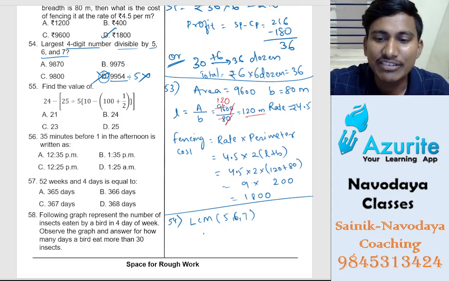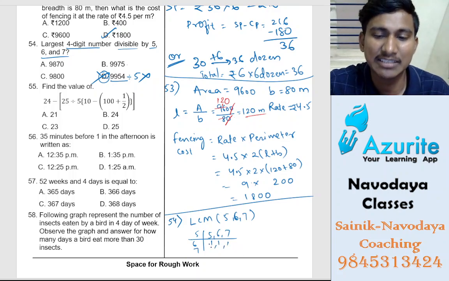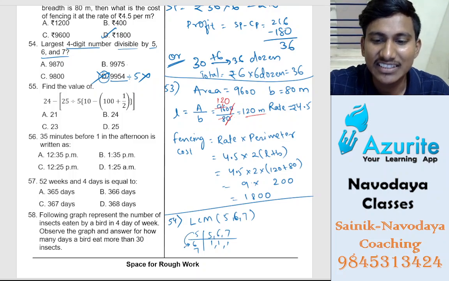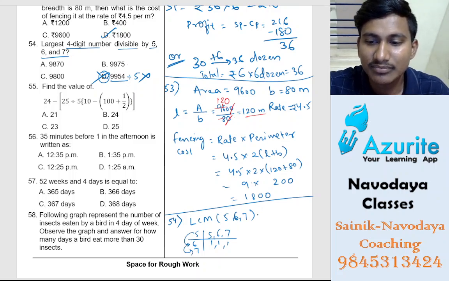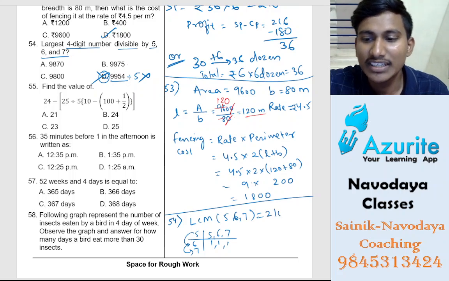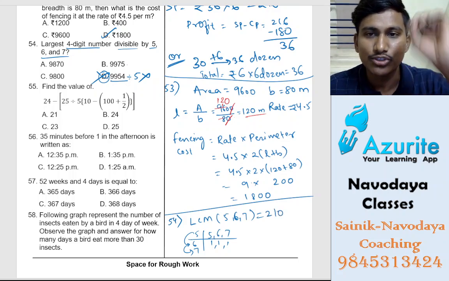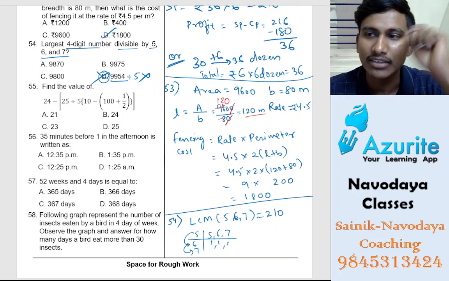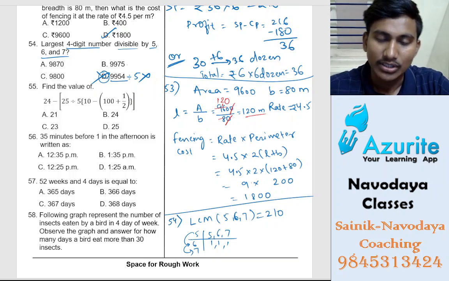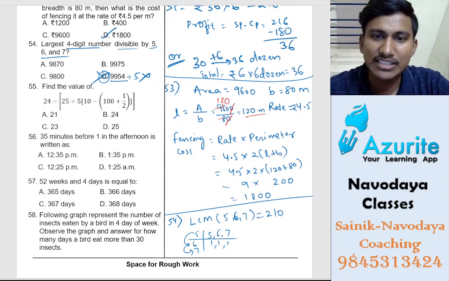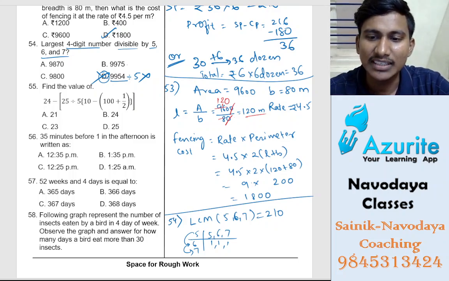So 5, 6, 7 LCM will be how much? 5 ones are 5, 6 ones are 6, 7 ones are 7, because it will not come in any same table. So 5 6s are 30, 30 7s are how much? That is 210, the LCM. Now it should be divisible by 210.